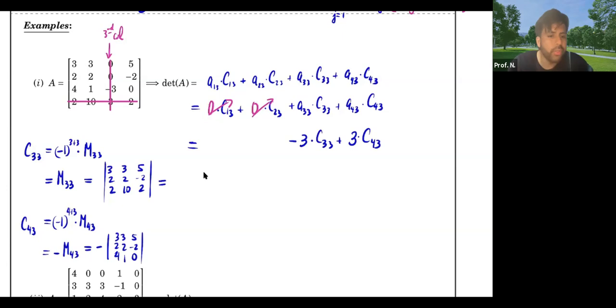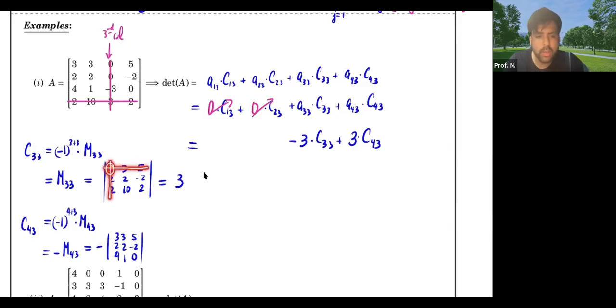So I'm going to go through the first row. I'm going to do the cofactor expansion along the first row. What is that going to look like? It's going to look like 3 multiplied by the, if I were to start from this entry, I would have to do what?